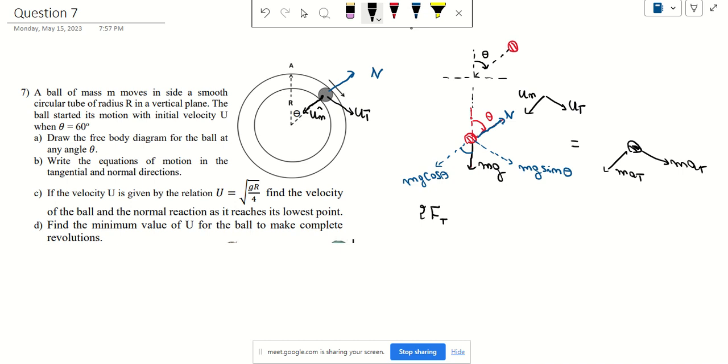Summation Ft is equal to m at, and the Ft is equal to mg sine theta, equal to m at, and this at is equal to v over r dv by d theta.